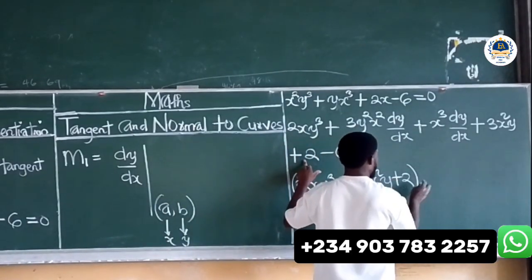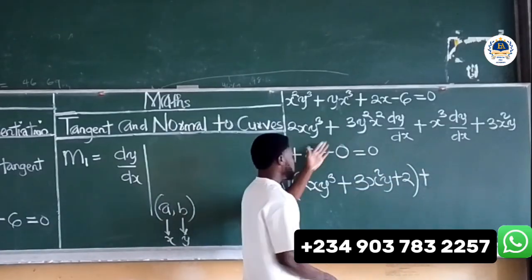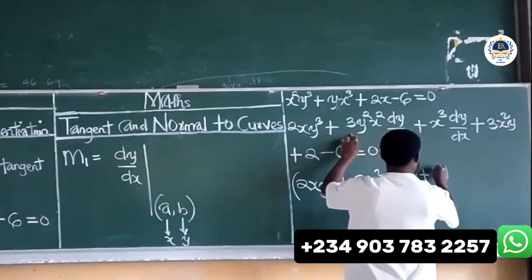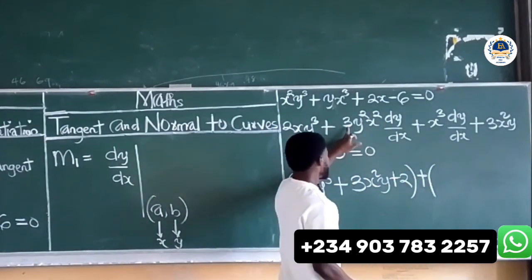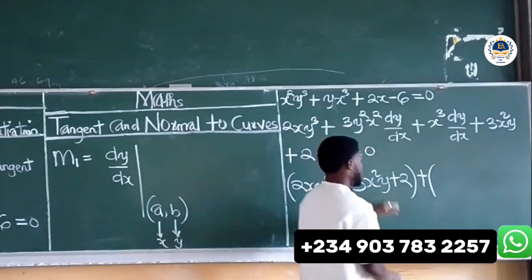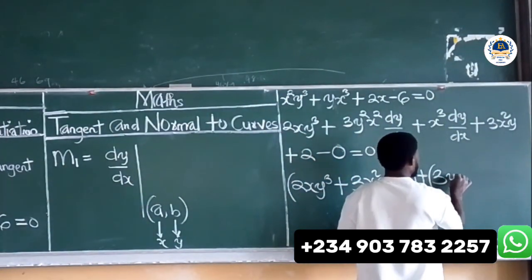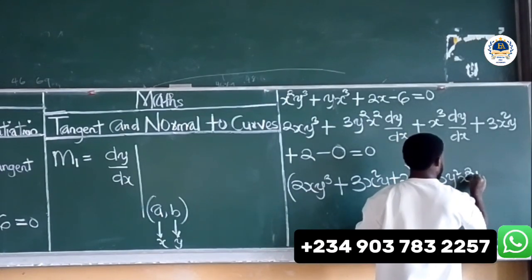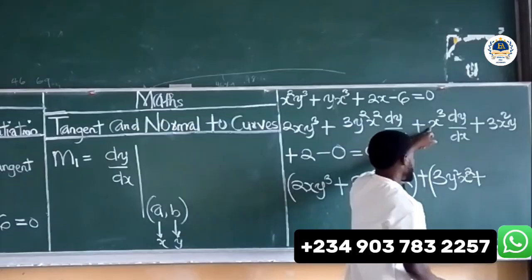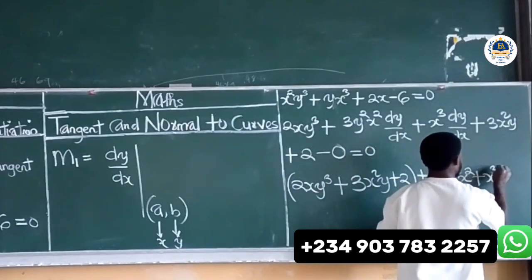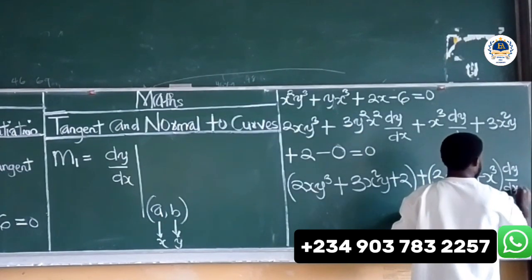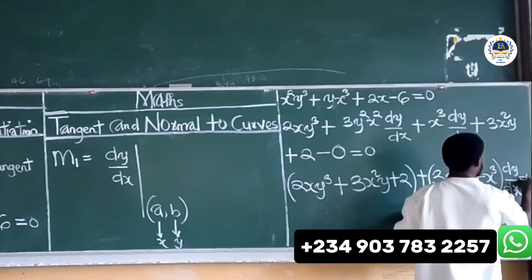Plus, the derivative of the y variables, bracket open, 3y squared x squared plus x cubed, then attach dy over dx. This is equal to 0.